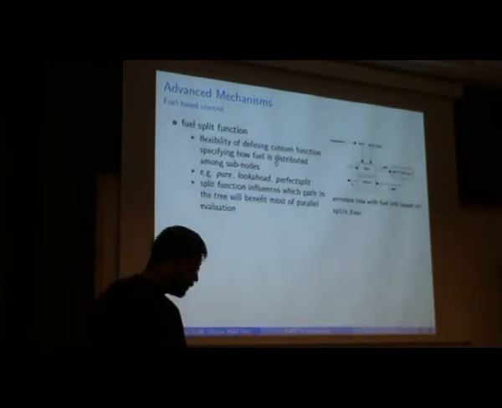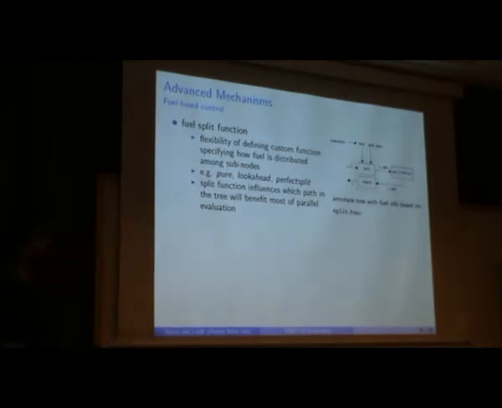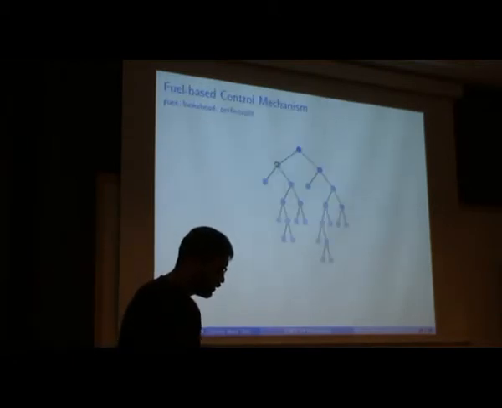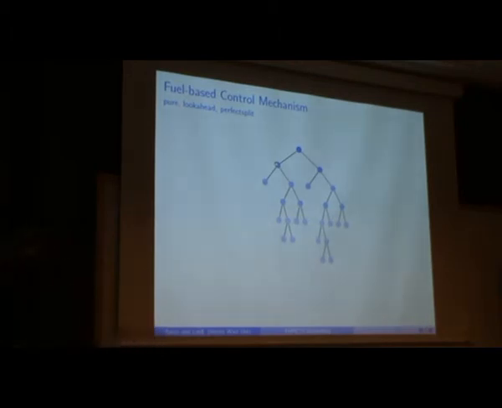It also offers the flexibility of defining a custom function specifying how fuel is distributed among subnodes. For example, we have Q, look ahead, perfect fit, and split, and also give back, which we'll look at in a moment. The split function actually influences which path in the tree will benefit most from parallel evaluation. So we'll look at each distribution method one by one to see how it works.